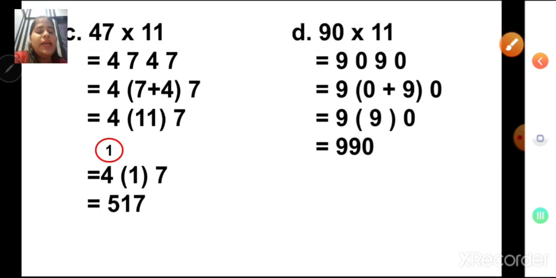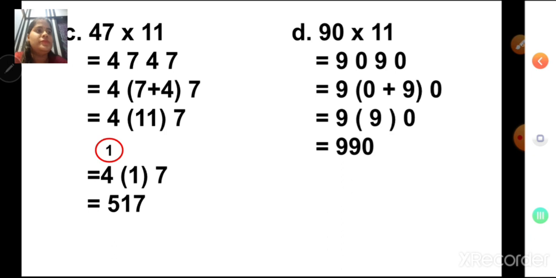The next one I have done it before only. We will just go through it. C1, 47 multiplied by 11. Okay. So 47 we have to write 2 times. 4, 7, 4, 7. Okay. 4 will be as it is.